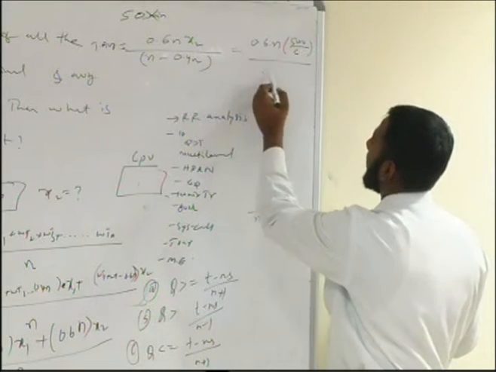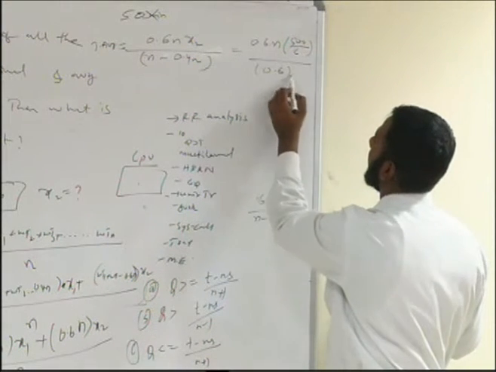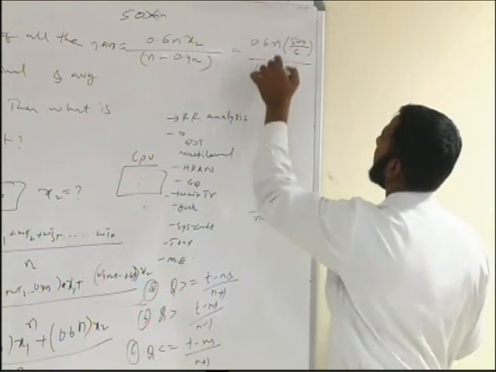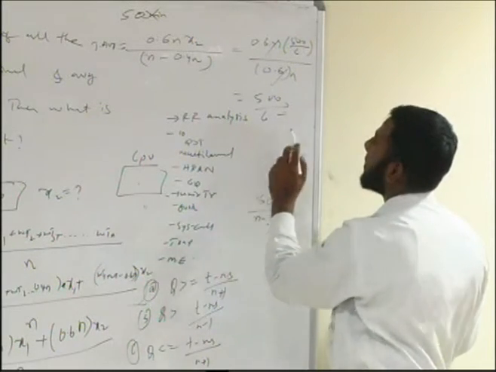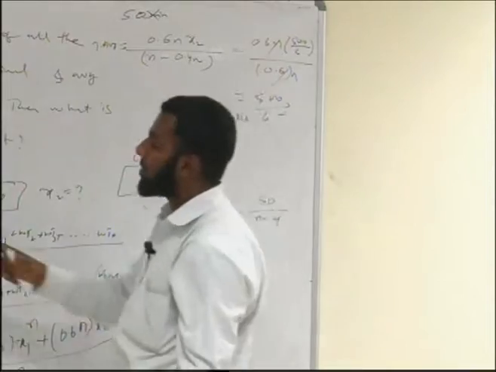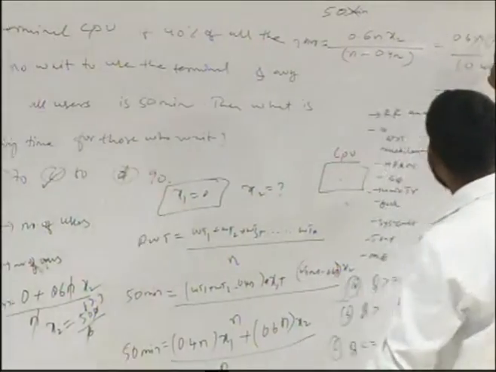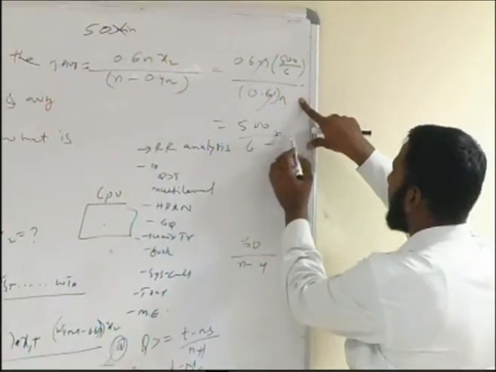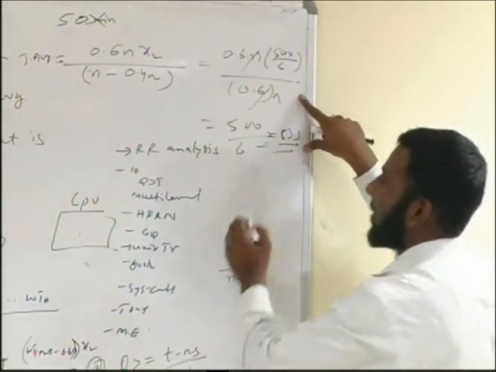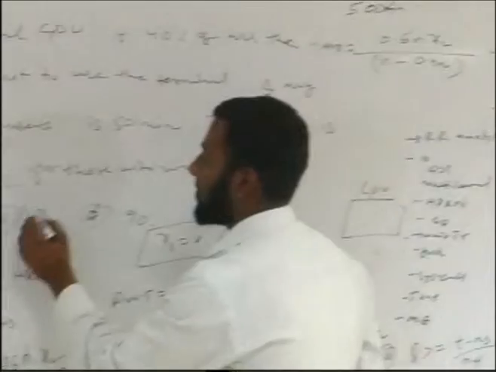So again it will be 0.6 n. So this gets calculated, and again we have got the same value, 500 by 6. So the average waiting time for those who wait, the processes that actually wait, is also the same value, 83 point something. So C is correct.